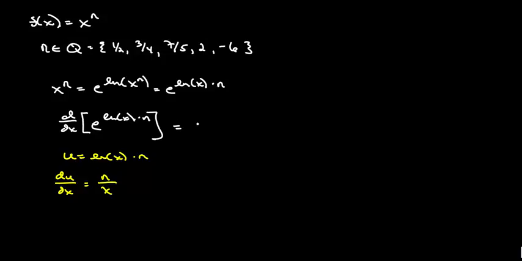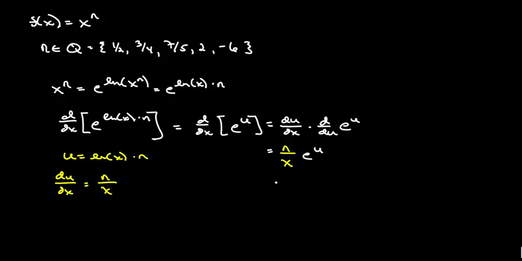So this guy becomes d dx of e to the u. And we know that we have to switch this here, so this becomes du dx times d du of e to the u. Now du dx is n over x, and d du of e to the u is just e to the u.